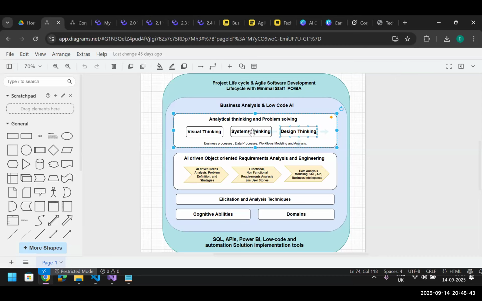That is what we have kept here, from strategy, from functionality to technology alignment. These are the three core things we should be able to get by the end of the course.